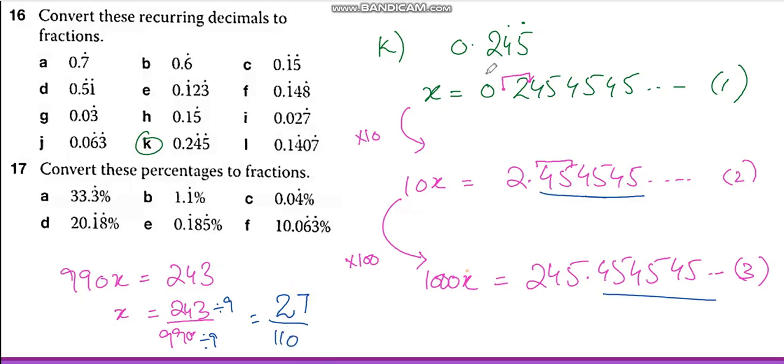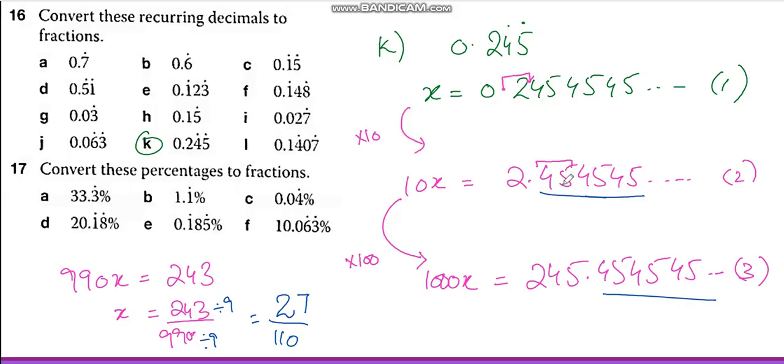Please remember that in all questions, first of all, try to bring the decimal point just before the repeated numbers. Here 45 was being repeated, so we brought the decimal point just before 4 by multiplying with 10. Then you need to observe the digits and the decimals.